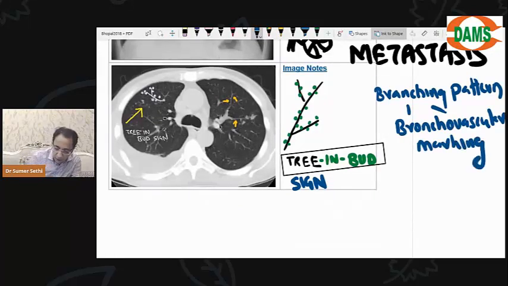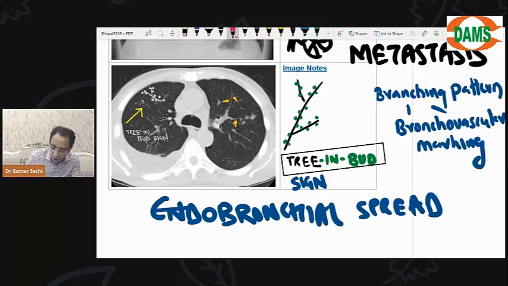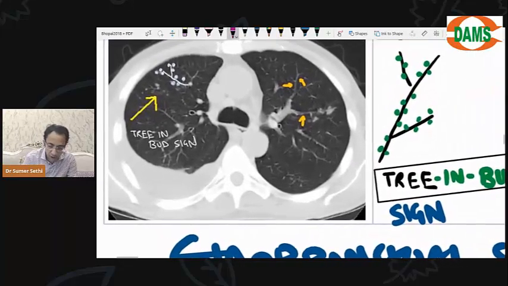It is seen if you have endobronchial spread of infection, specifically or commonly in tuberculosis. Everybody understands? Are you clear or not?